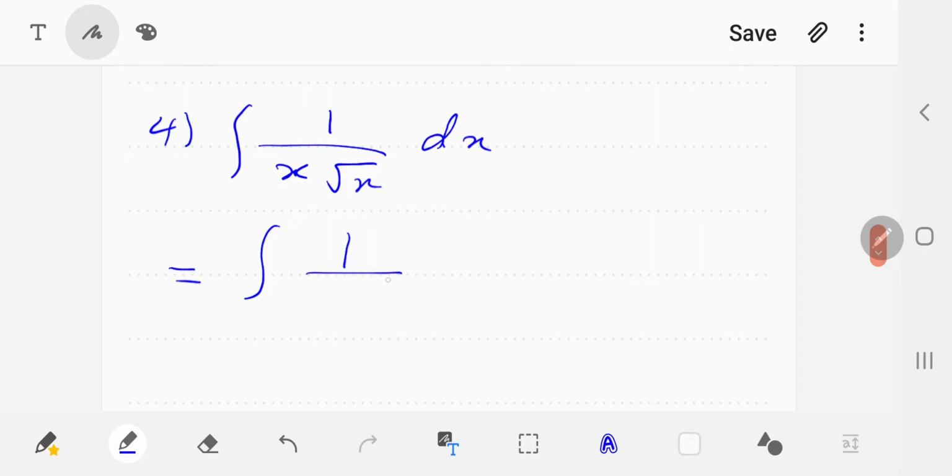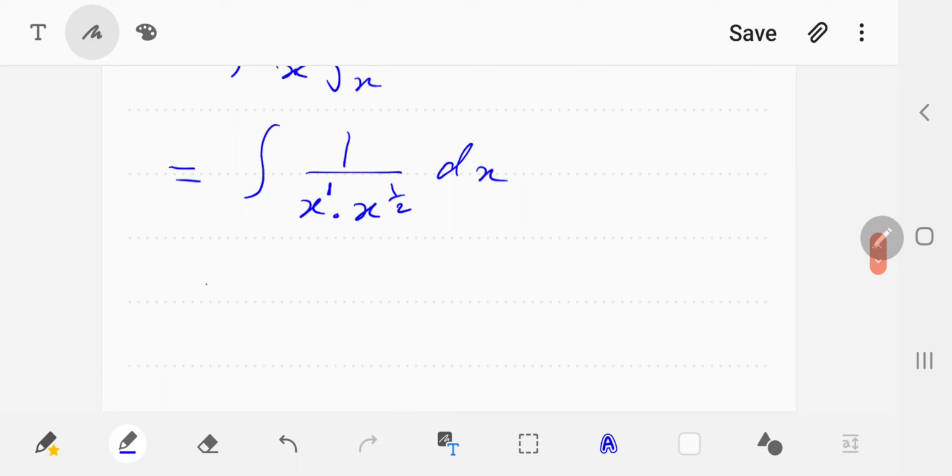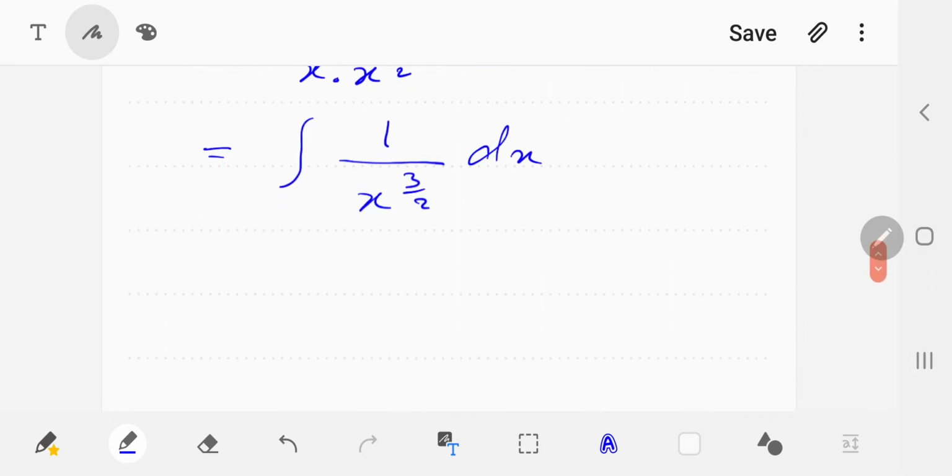So it's 1 over x times x to the power of half. This is a multiplication and we have exponents, so the first thing we need to do is to add the exponents. So simplify it, 1 over x to the power of 3 over 2 dx. Now it's a power, just take it up. So it's integration of x to the power of negative 3 over 2 dx.